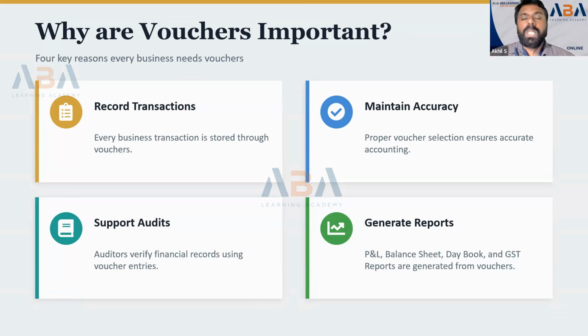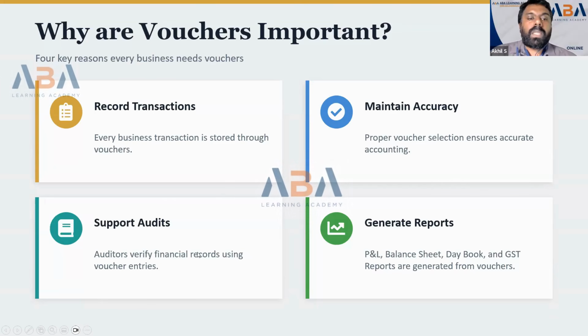If you make a mistake, for example, posting a rent payment through a receipt voucher instead of a payment voucher, it will show as if you are receiving the rent. That is wrong. So it is very important that you select the appropriate voucher type while posting the transaction. That is why vouchers help us maintain accuracy.